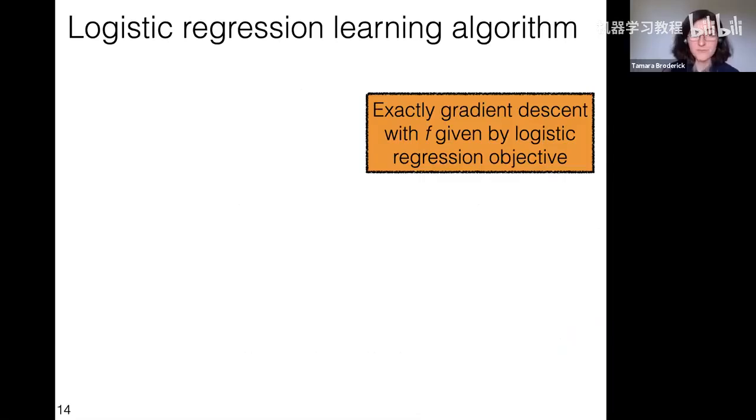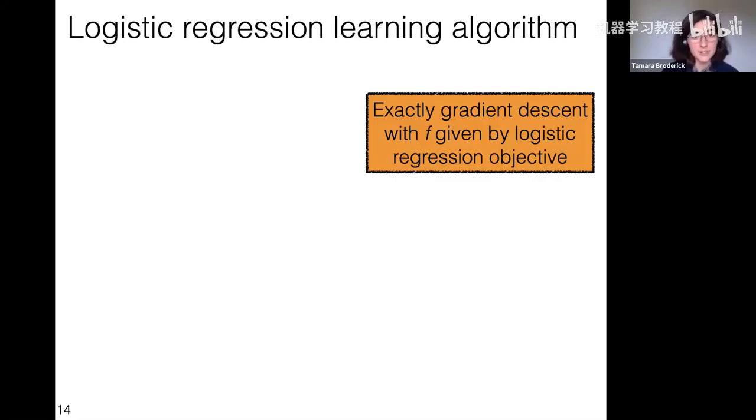Let's write that out. I just want to emphasize how much this is literally just gradient descent with f given by the logistic regression objective. If you know gradient descent and you know the logistic regression objective, you can just write this out, and you should check that you can derive it from just those two things, because this isn't its own special thing. This is just applying exactly that.